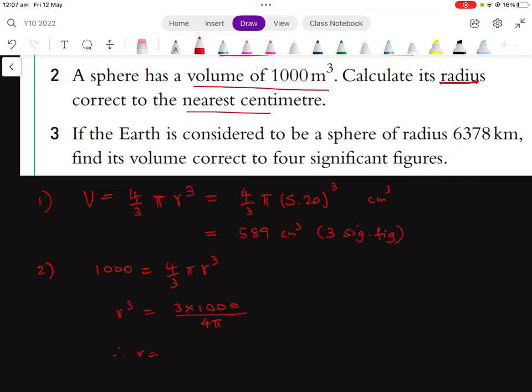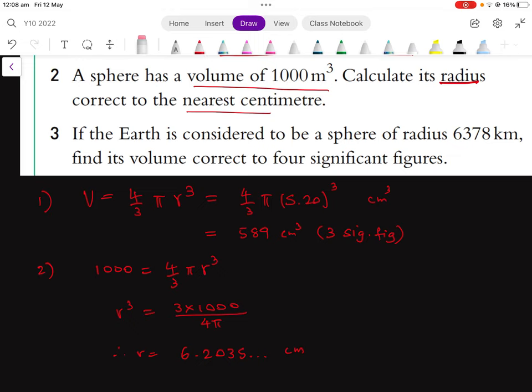Let's add cube root of 3000 divided by 4 pi, bracket close. Okay, my answer is 6.2035.